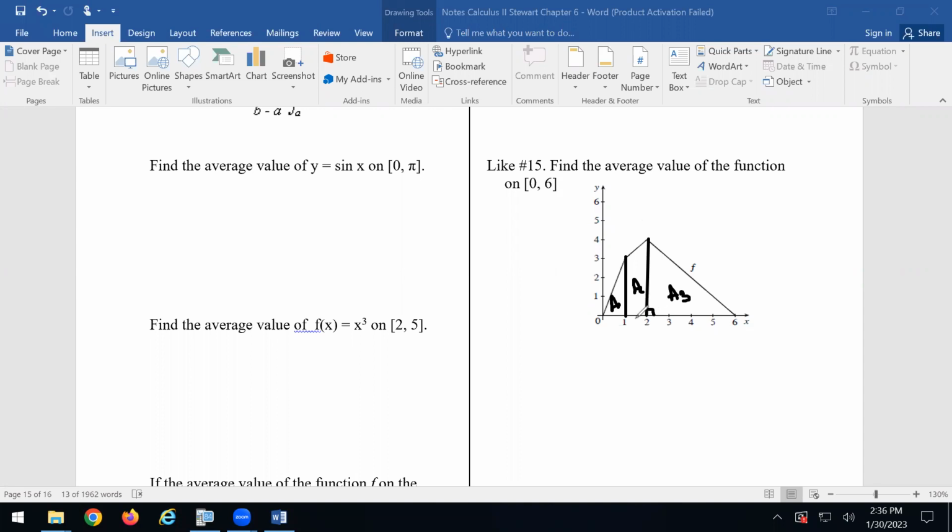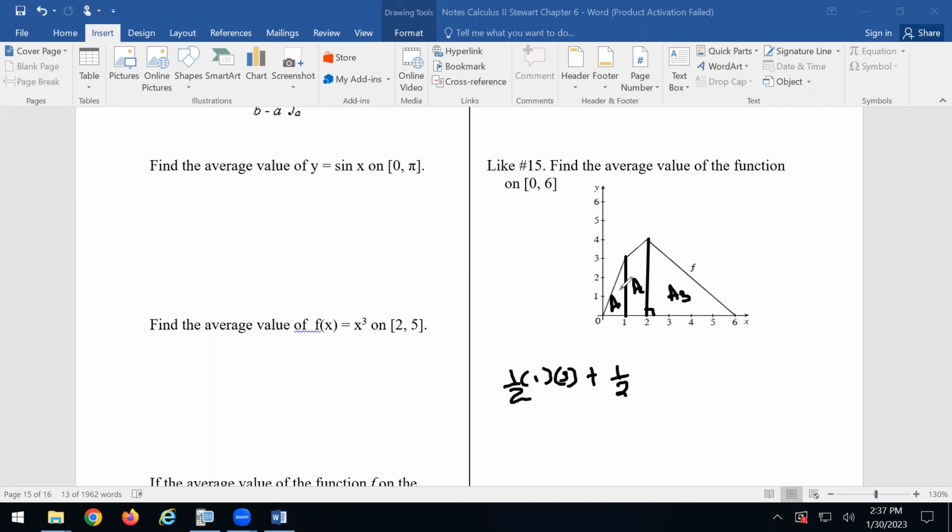All right, so figure A1 is a triangle. So that's just going to be half base times height. So the base is 1 and the height would be 3. Plus figure 2 is a trapezoid. So the area is going to be half A plus B times height, where A and B are the two parallel sides.